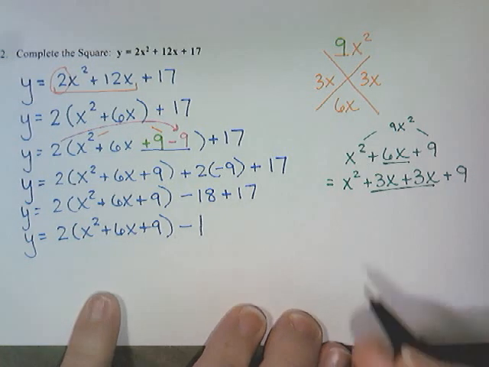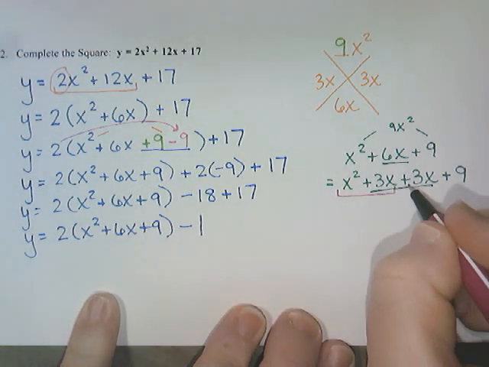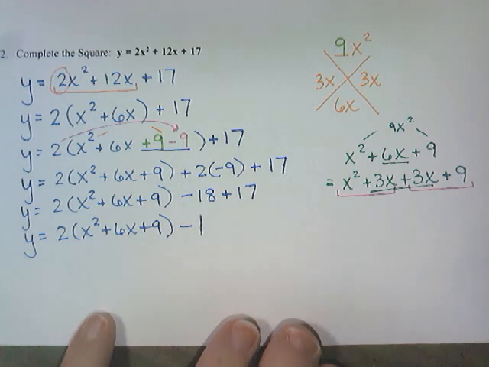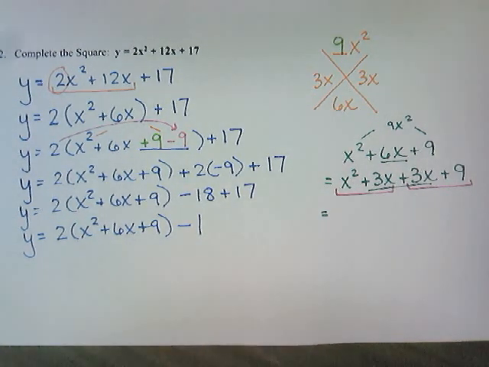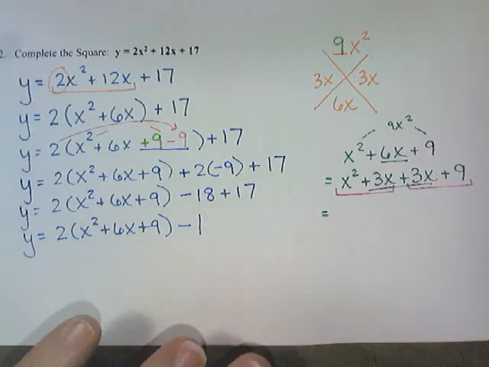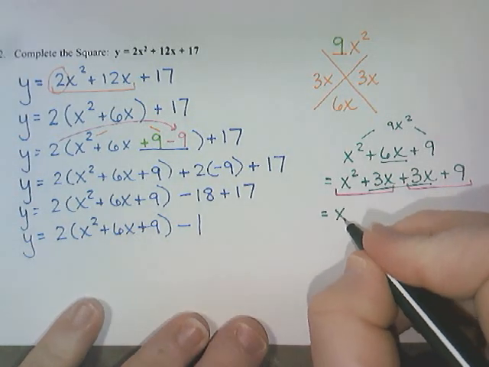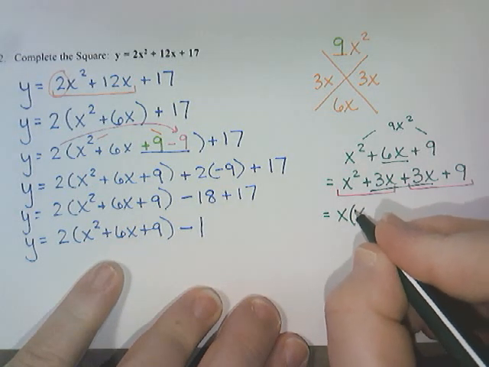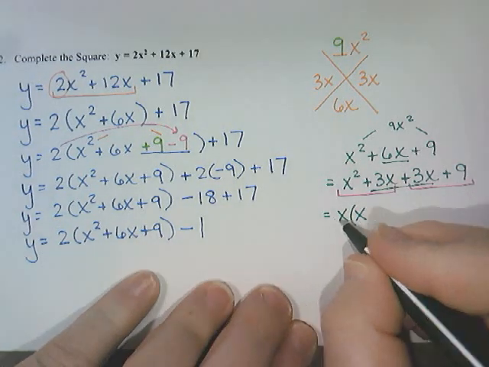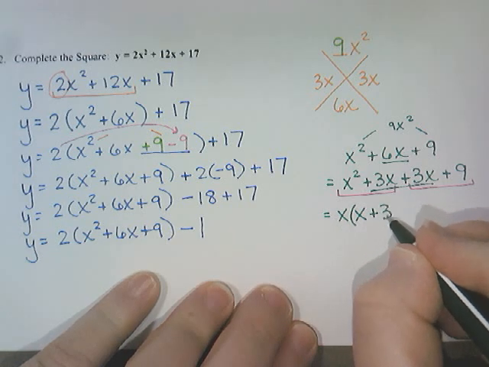And then we are going to group the first two terms and the last two terms together. The first two terms both divide by 1 and an x. I think I'm just going to write x. If you want to put the 1, that's okay. X squared divided by x, that's just x. And then 3x divided by x is 3.